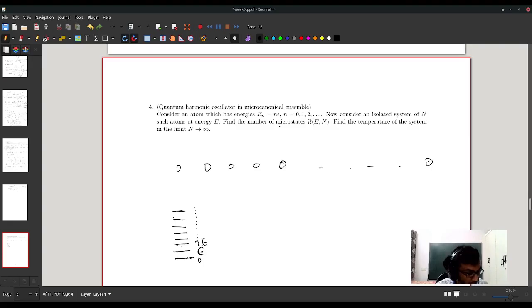But we need not worry about that. So this is some object with a constant energy level spacing, and of course it is bounded from below. The lowest energy is 0.